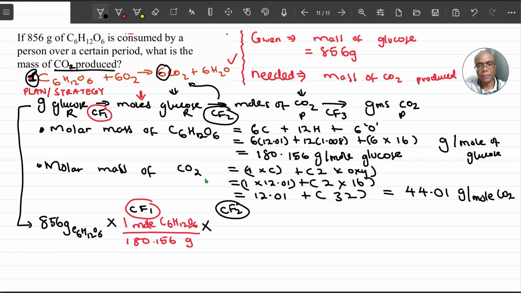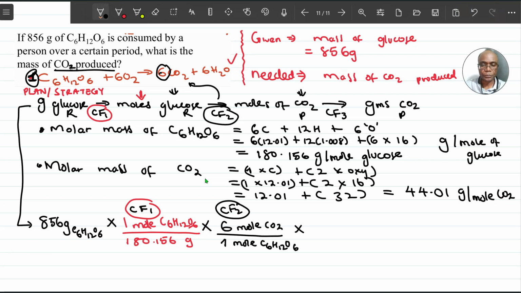If I was asked about water, I'd focus on the 6 moles of water. If I was asked about the oxygen, I'd focus on the 6 moles of oxygen, so 1 to 6. But here is the relationship between the glucose and the CO2: 6 moles of CO2 are produced from 1 mole of my glucose, my carbohydrate, my monosaccharide.